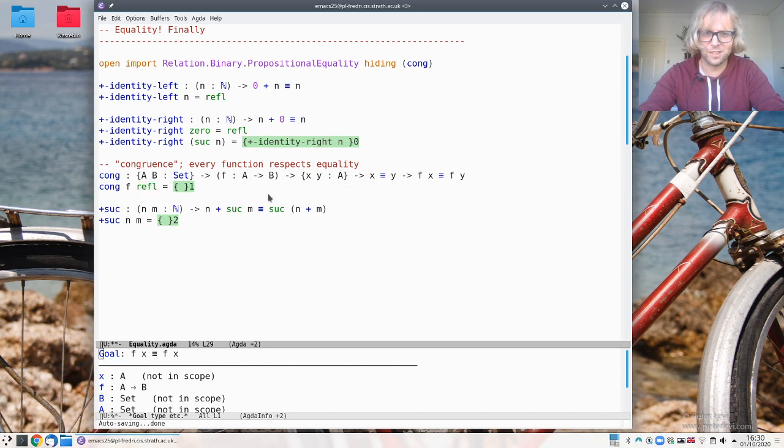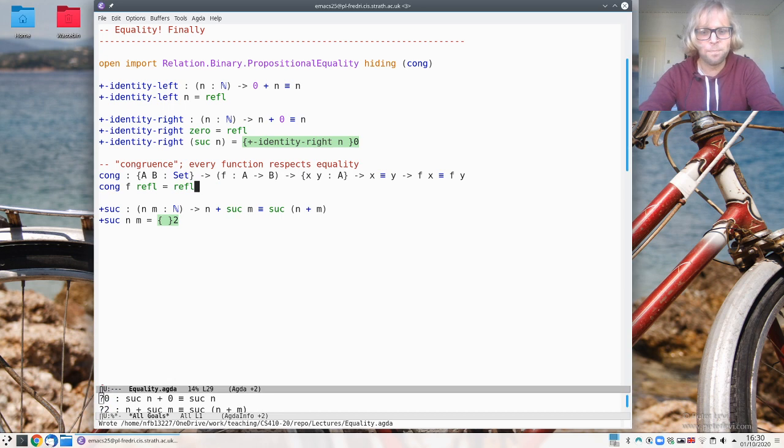Because refl was something I constructed as a proof of x equals x. So by pattern matching on the p, we have recovered more information about the rest of our arguments, namely that x must be equal to y, definitionally, which means that it's now much easier to prove that f of x equals f of y if they are definitionally the same. Right, now we have to prove that f of x equals f of x, which we can do with refl.